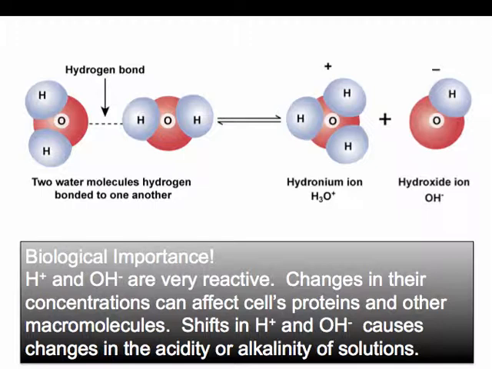And these changes or shifts lead to shifts in pH. And pH is very significant to biological systems because our proteins, our cells, and our organs all like to be around a neutral pH. And so in our next video, we're going to explore pH in more depth.